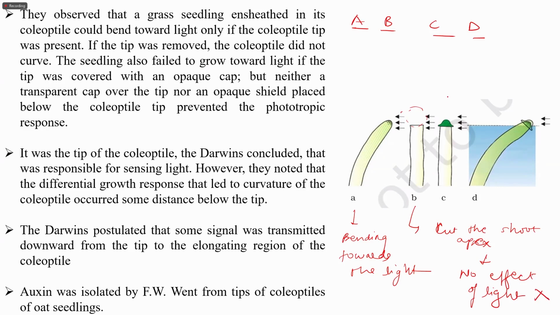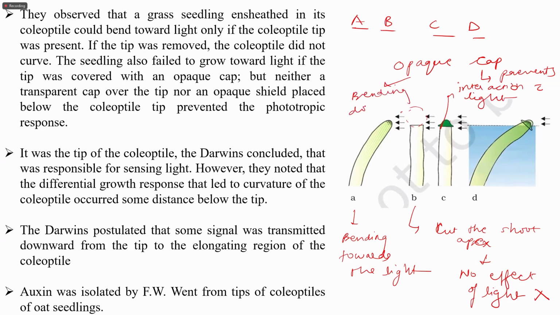In the third case, they covered the shoot tip with an opaque cap. This opaque cap prevents interaction with the light, and therefore bending does not happen.